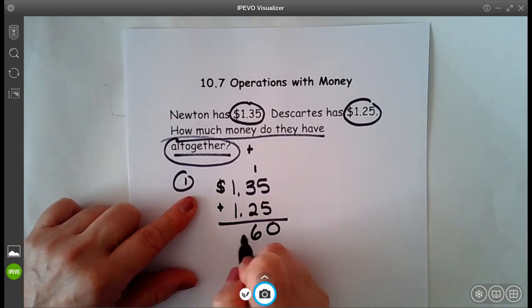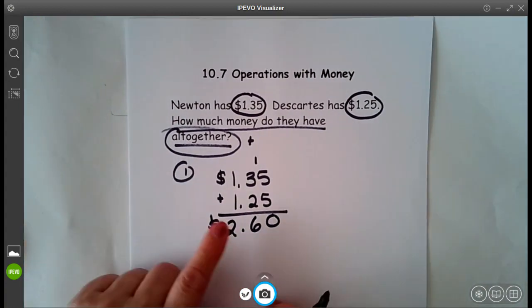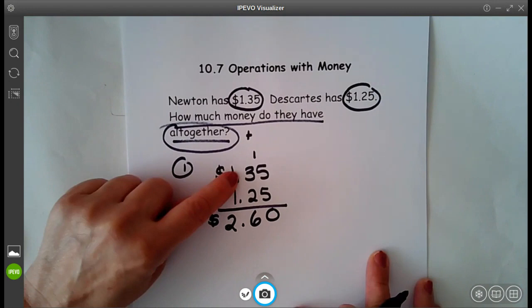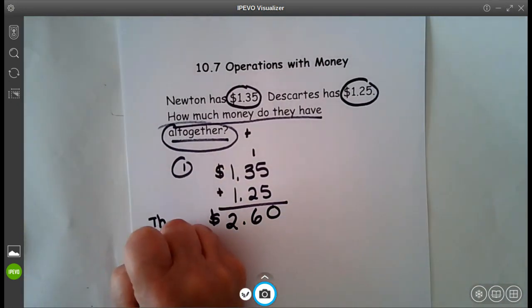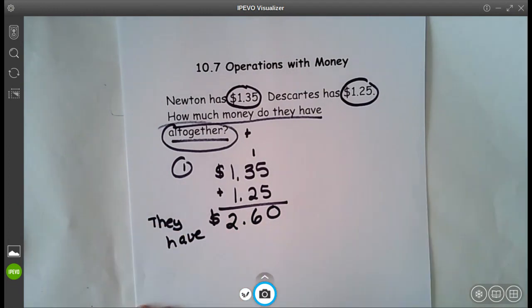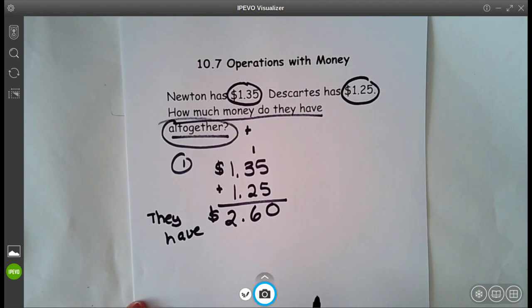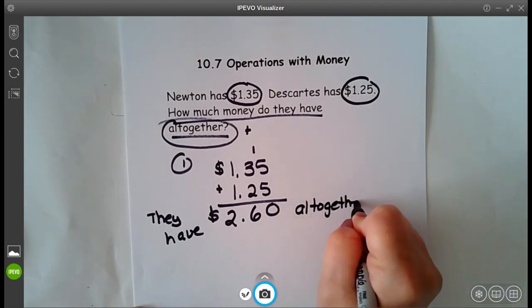Bring down your decimal point and add that. Then don't forget your dollar sign. So when you add decimals, boys and girls, you just have to stack them and bring the decimal point straight down. So they have $2.60 all together. All right, so that's the first way.